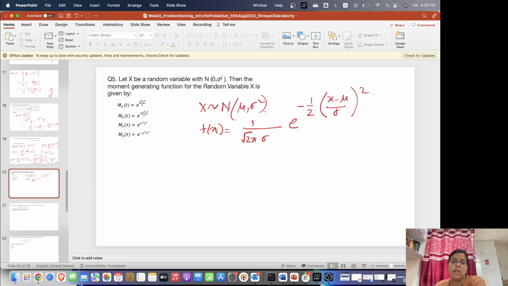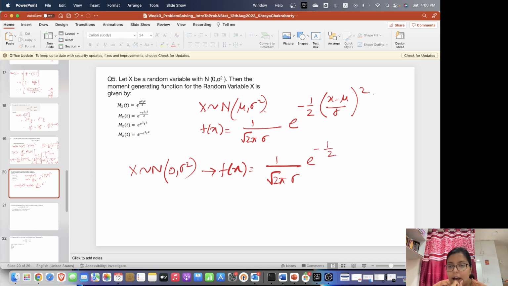Here we have been given that X follows normal 0, sigma square. So f(x) would be 1 by root 2 pi sigma e to the power minus half x square by sigma square, and x can range from minus infinity to infinity.